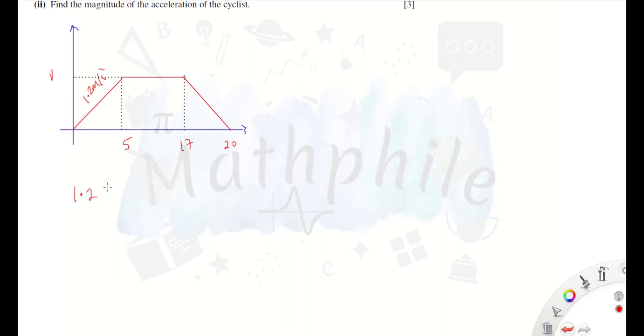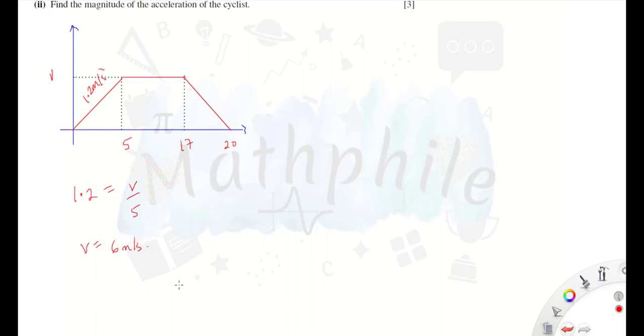So 1.2 is going to be equal to v over 5, and v is going to be equal to 6 meters per second.